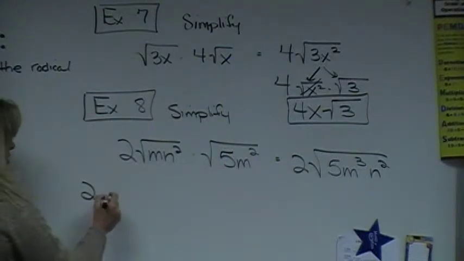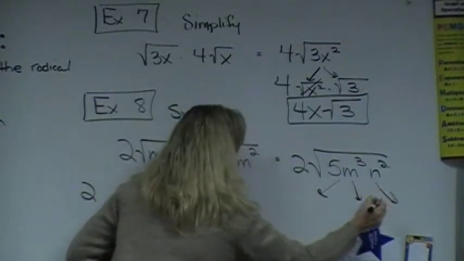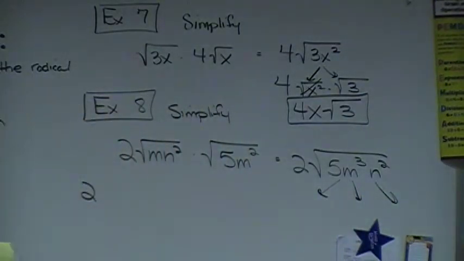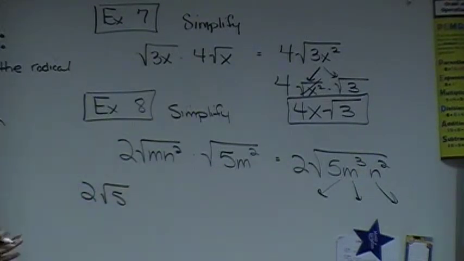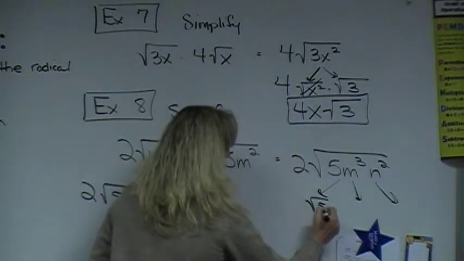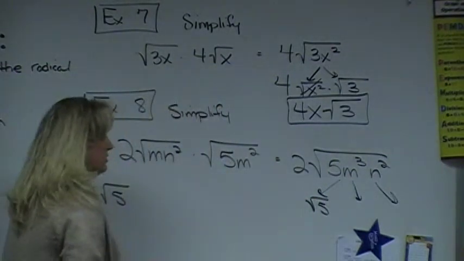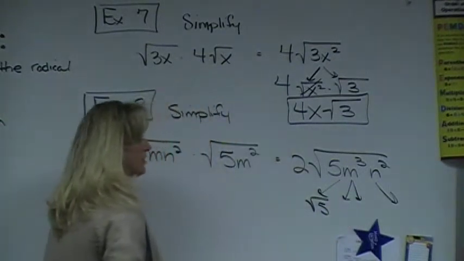But I need to separate this radical into separate radicals. What do you notice cannot be simplified under 5m cubed n squared? The 5, because 5 is not a what? Perfect square. So everybody just put the square root of 5 here, because nothing can be done with that. All right, so I'm just going to go ahead and break that up. Now, but what about m cubed? Actually, guys, I'm going to need 2 radicals there, aren't I?